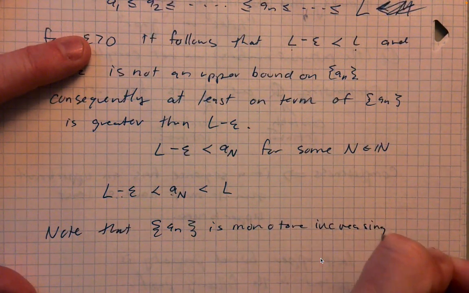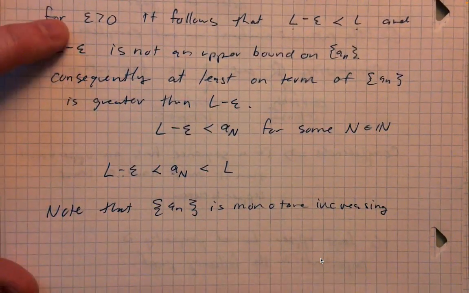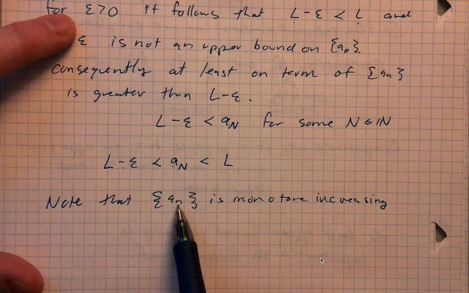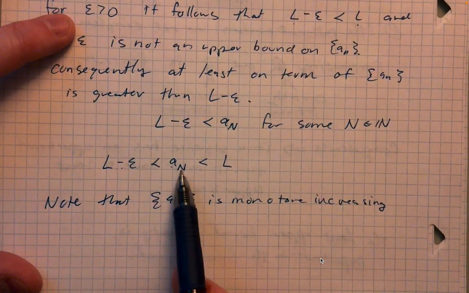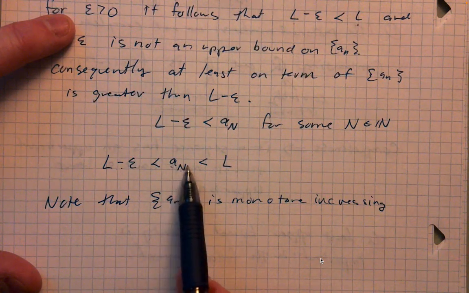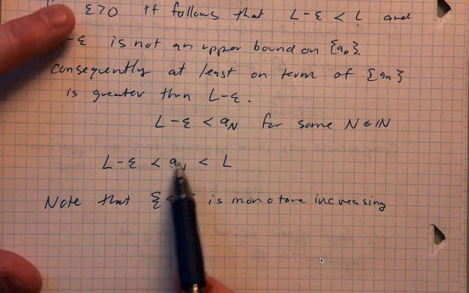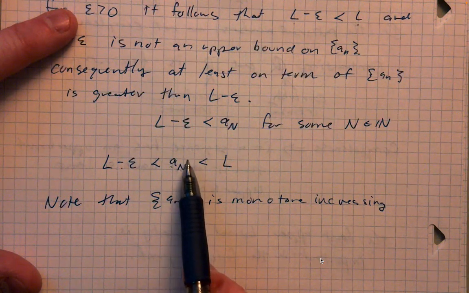What does monotone increasing mean again? It means that all of the terms that come after A of big N are greater than or equal to it.